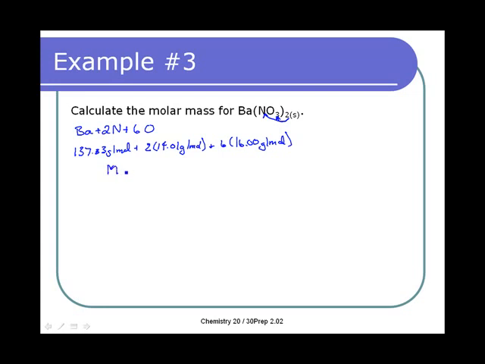And so the molar mass of barium nitrate is equal to 261.35 grams per mole.